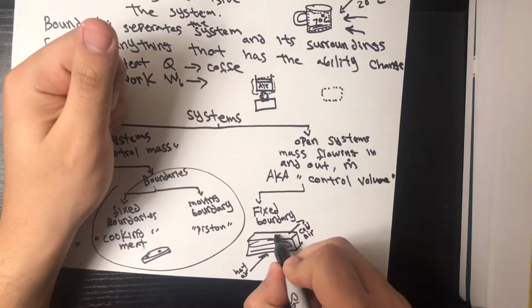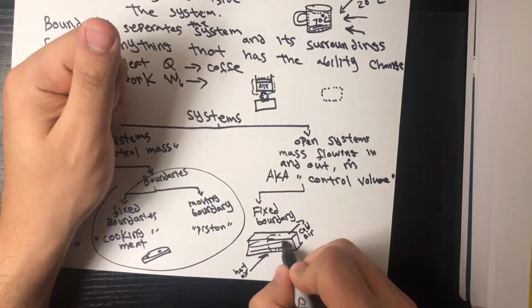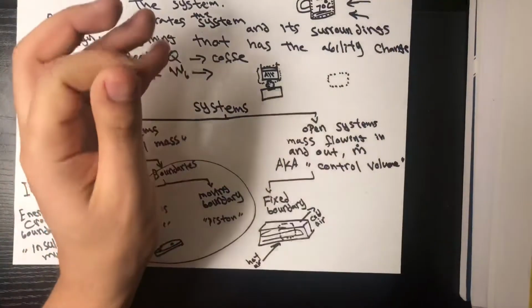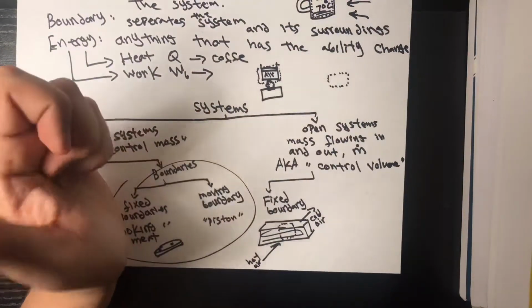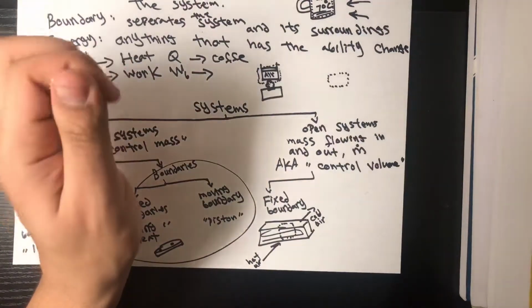So let's say this is our control volume right here. As you can see, that region of space will never change, and you're going to have an inlet and an outlet. And this is known as the fixed boundary control volume analysis.